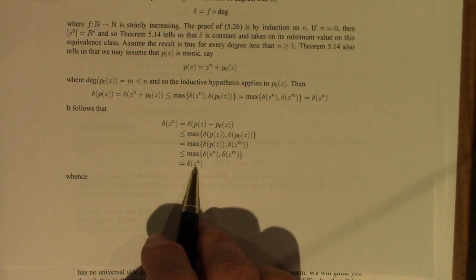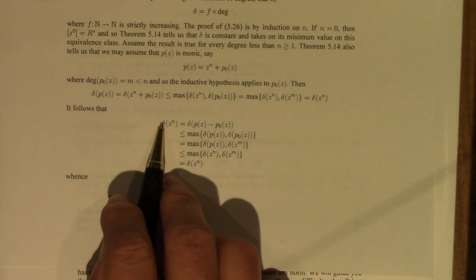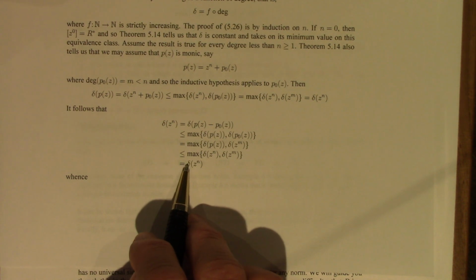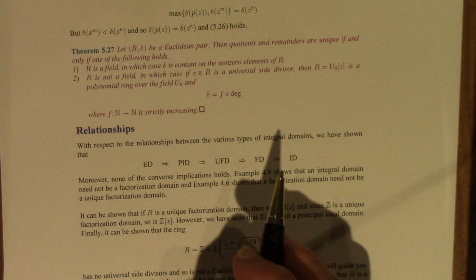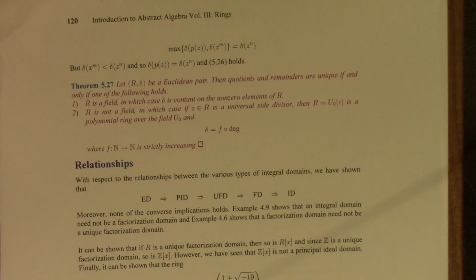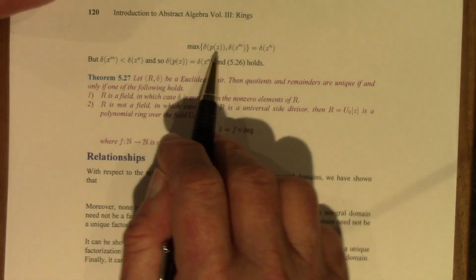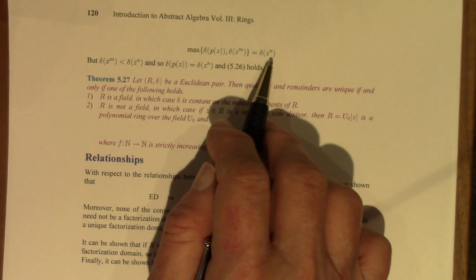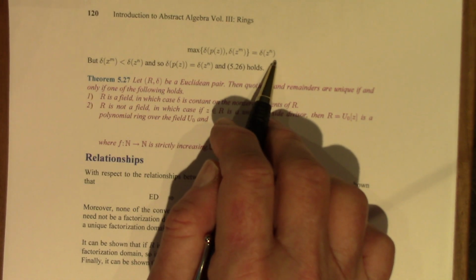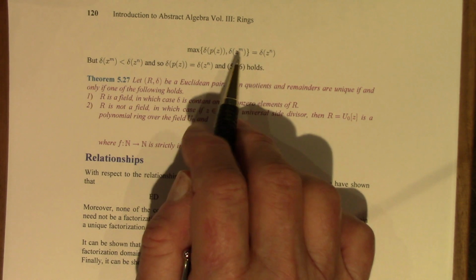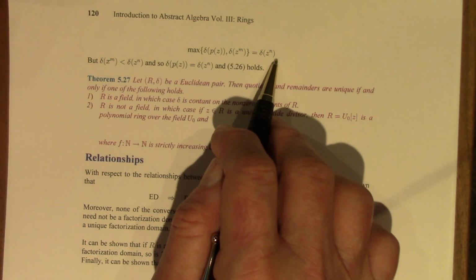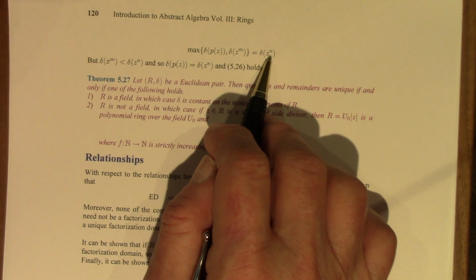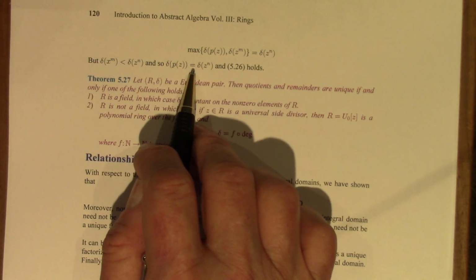Again, this maximum is delta z to the n. Because these two are the same, we have equality throughout. So the maximum of delta of p of z and delta of z to the m is delta of z to the n. But this one is smaller than this one, so this one must equal this one. And that's what we wanted to show.